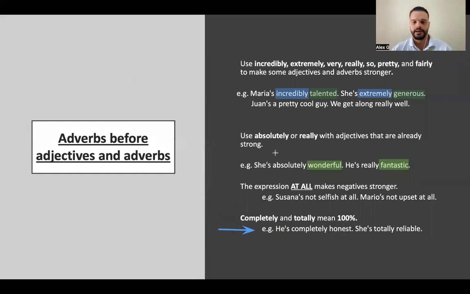And we also have the adverb before it to express 100%, right? Completely honest, totally reliable. So pay attention to the different uses of adverbs and the adjectives.